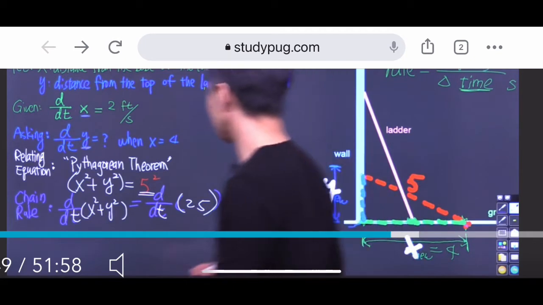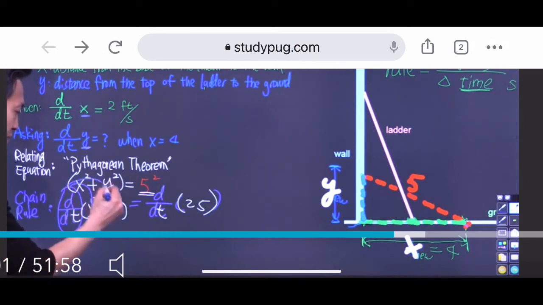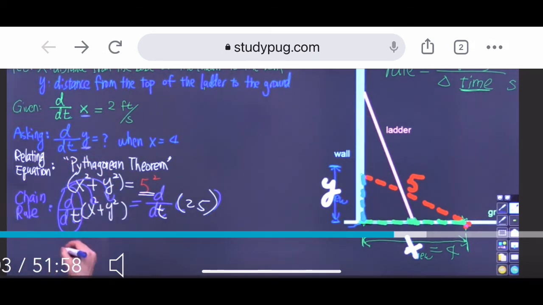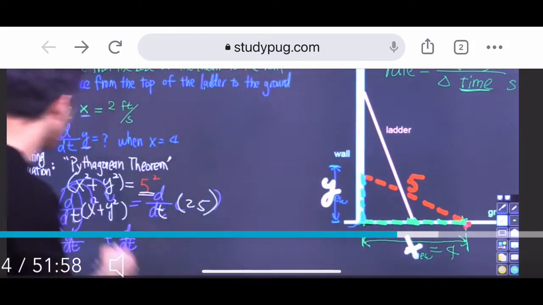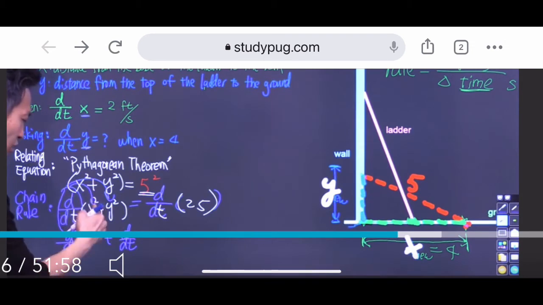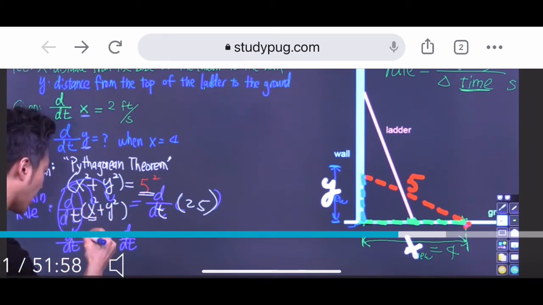Yeah, so in this case, on the left side of the equation, we can just distribute the derivative operator into every term inside the bracket, right? So d/dt plus d/dt, right? Yeah. So distribute the derivative operator into the first item inside the bracket, we get d/dt of x squared.